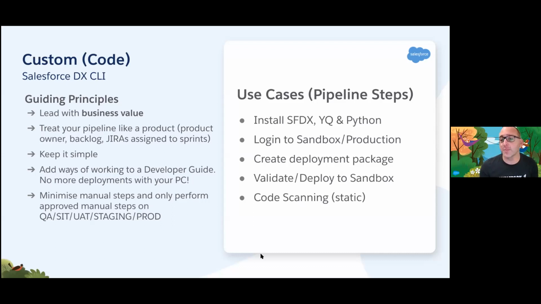deployment out to production. On the right-hand side here, you could almost call this our agenda today. These are the pipeline steps. We're going to look at what we need to install for our pipeline to work. We're going to log into a sandbox and/or production. Today, I'm using a developer edition. I just happened to be doing a Trailhead module, and I've decided to use this particular playground.